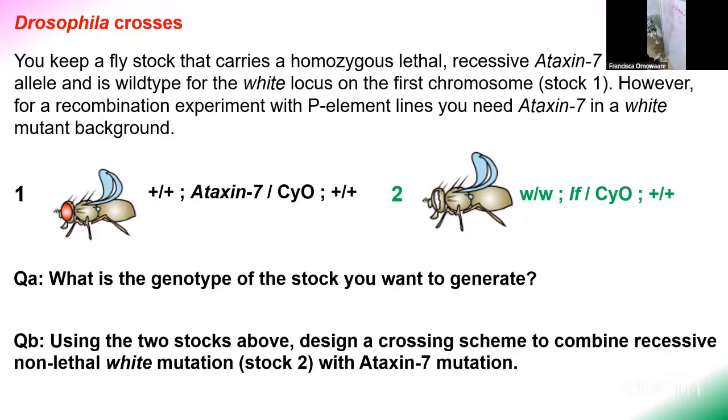First cross. Yeah, please go on. Good. So that is the third chromosome. So that is telling us that the third chromosome is also wild type, so there is nothing on it.